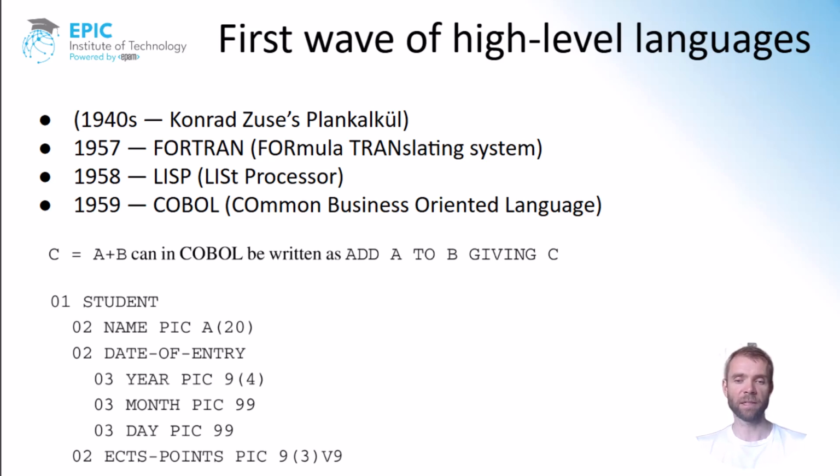And ECTS points is a field of this record that is a floating point number with 3 digits after the period. So here we see the example of a concept that was introduced as early as this first wave of high-level languages.